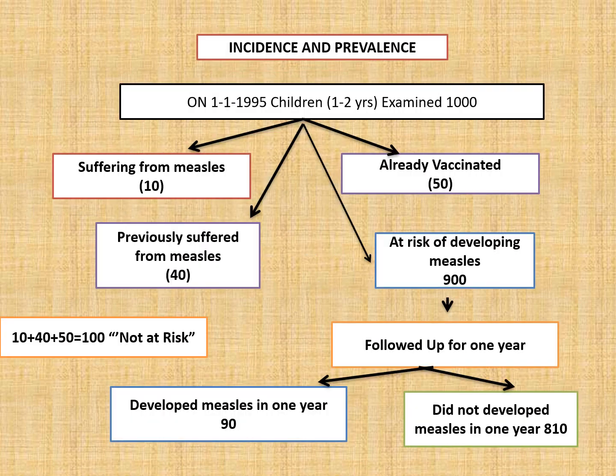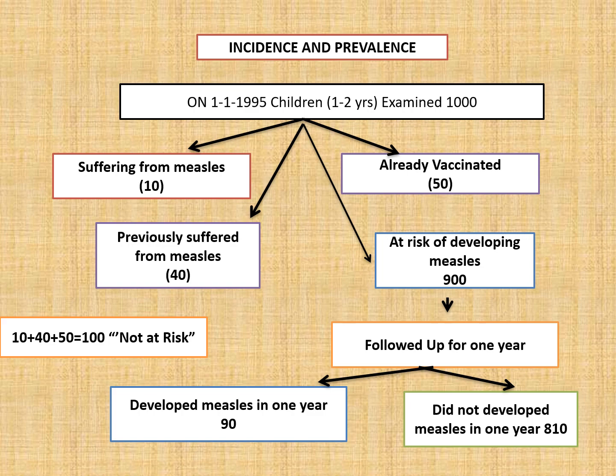Let's see what incidence and prevalence mean, using a hypothetical example. Suppose on 1st January 1995, we randomly selected 1000 children between 1 to 2 years from one community.